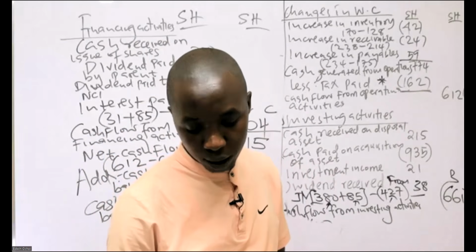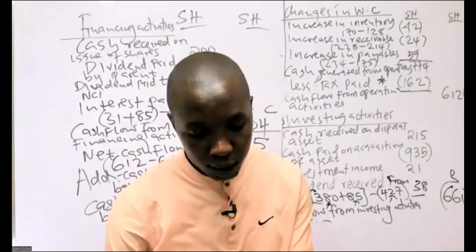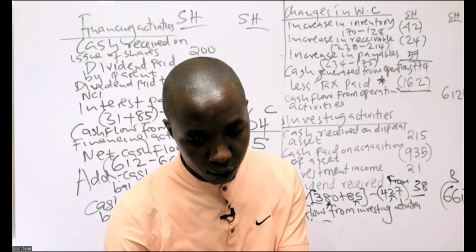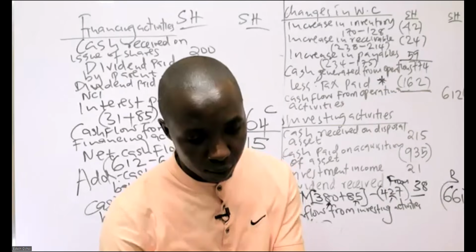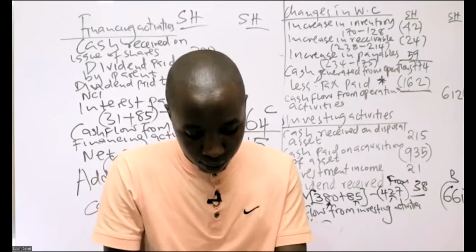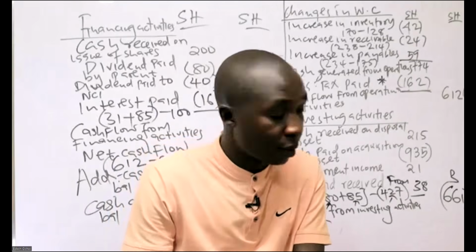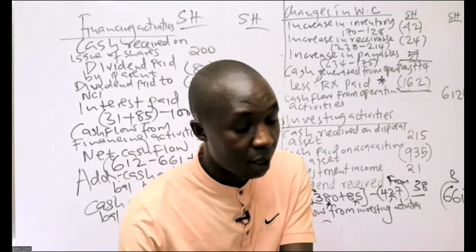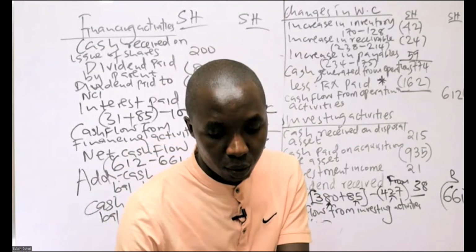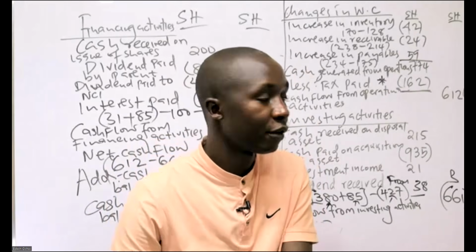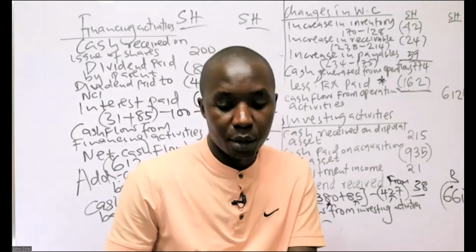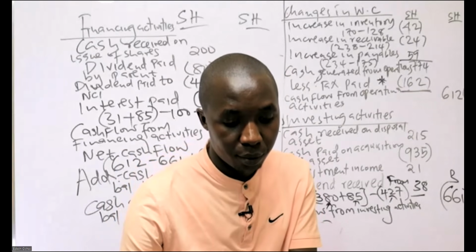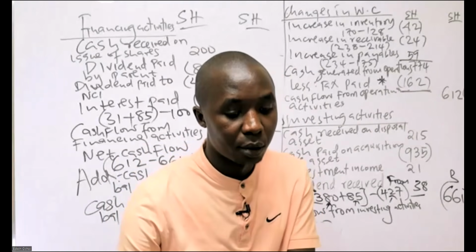So for marking these questions, it's very easy. I think you have the marking scheme with you. Like now, there is the sitting question, the cash flow one. All of these entries, there are many. You don't have to be very perfect in getting all of them, but make sure you get at least half of those entries.